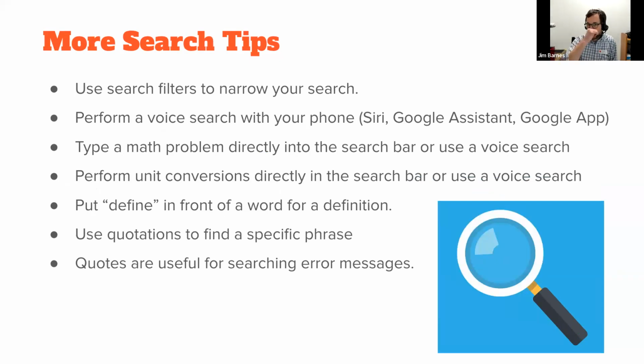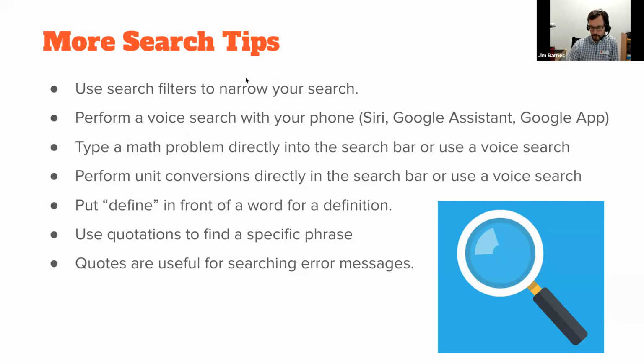Some more search tips are you can use search filters to narrow your search, and we'll talk about some of those specifically. Filters always sounds kind of complicated to me, but it's just categories of searching, like whether you want to search for images or search for videos or search for maps. You can perform a voice search, which we've already mentioned, with your phone using Siri or Google Assistant, or using the Google app.